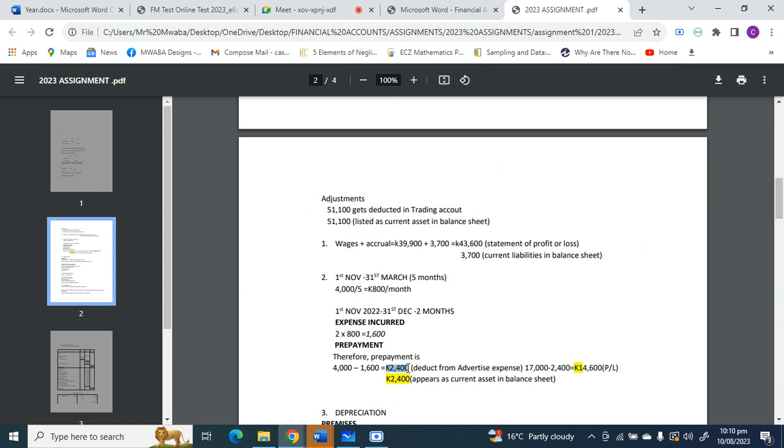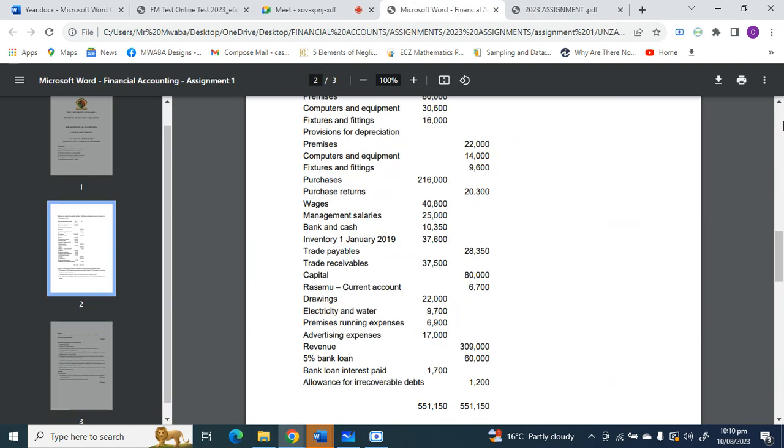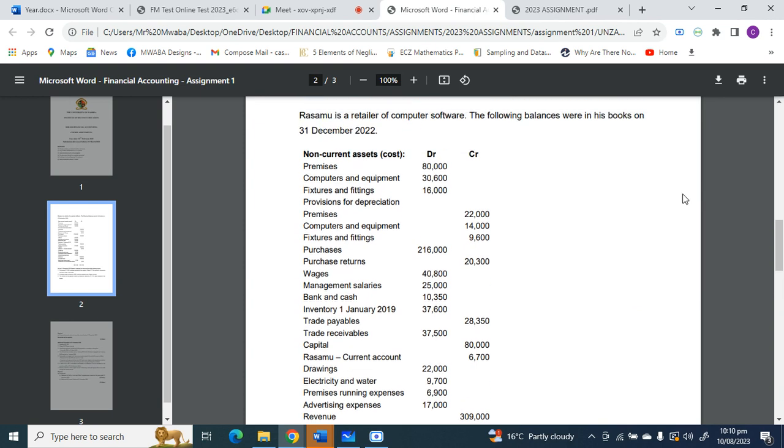Once you've determined what the prepayment is and how much has been incurred, the prepayment appears as a current asset in the balance sheet. All right. 2,400 will be a current asset in the balance sheet. Then this same 2,400, we're going to deduct from the advertising expense. On our trial balance, where's advertising? Advertising expenses 17,000.